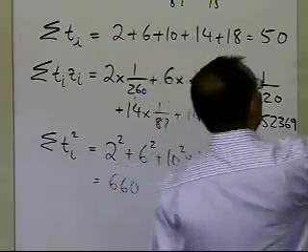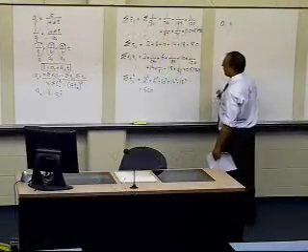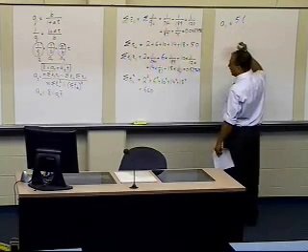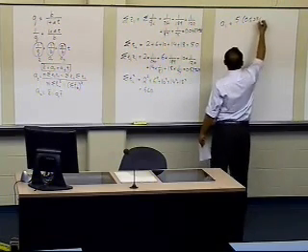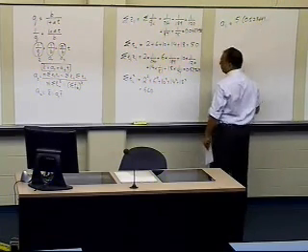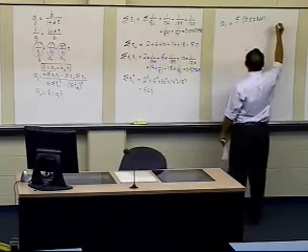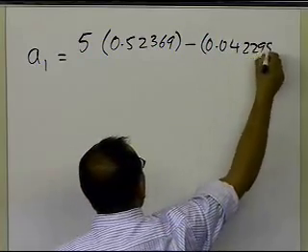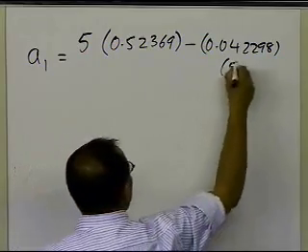So I'm going to find my A1. A1 is n, the number of data points which I have, which is 5 in this case, times the summation of zi ti, which is 0.52369, minus the summation of zi, which is 0.042298, times the summation of t sub i, which is 50.